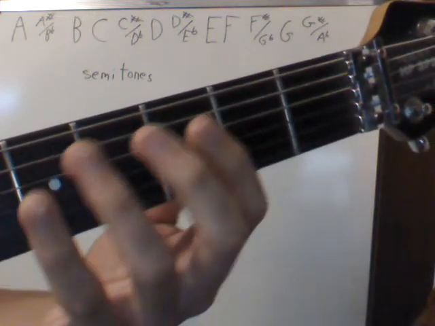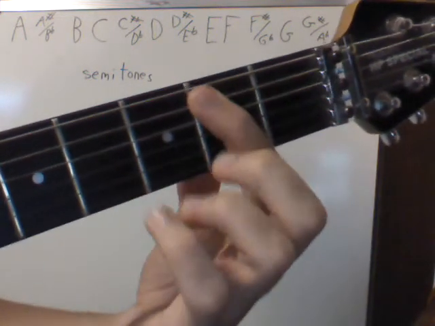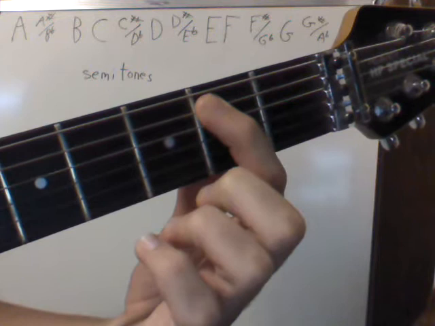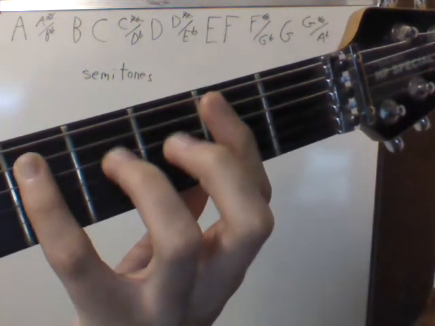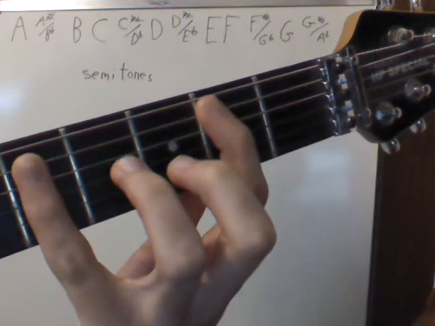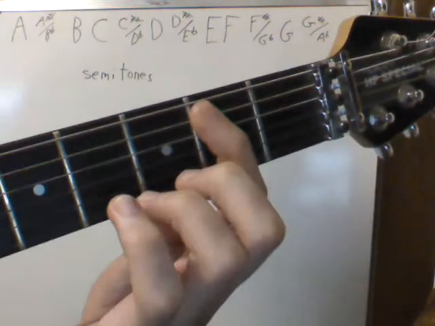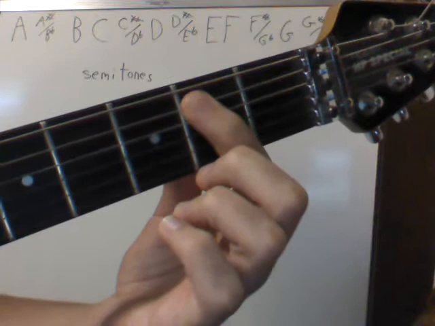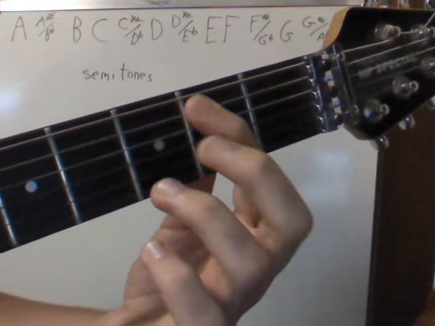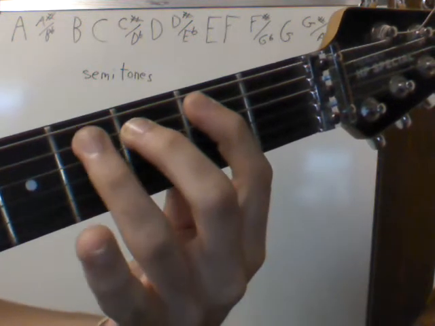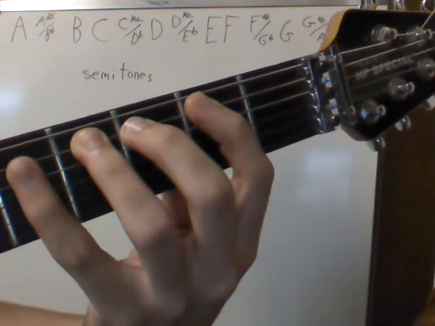Let's do another one. Let's keep the same reference note, the 2nd fret of the A string, up to the 5th fret. How many semitones are these two notes apart from each other? Well, you start on the reference note and you go up 1 semitone, another semitone, another semitone.